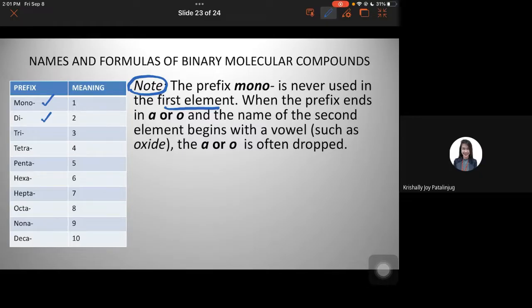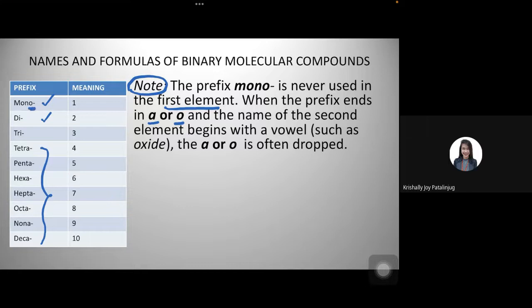That's one important note. And then next, whenever the prefix ends with A or O, these are the prefixes in the table on the left side. Tri, tetra, penta end in A, and mono ends with O. And let's say the name of the second element begins with a vowel, for example, oxide.